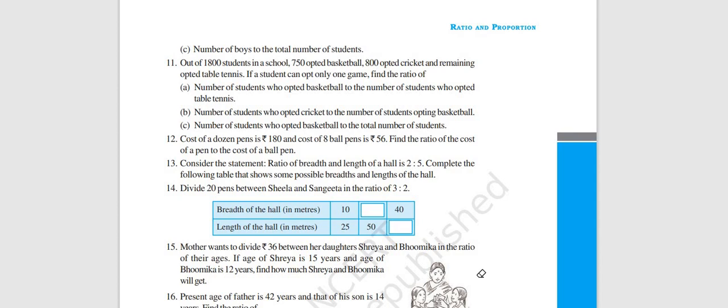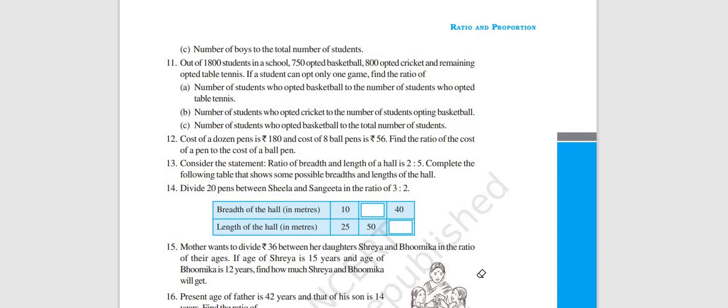Now, question number 11. So, important thing is read the question thoroughly and analyze and interpret them. Then it will become very easy. Out of 1800 students in a school, total number of students are 1800. 750 students opted basketball, 800 students opted cricket, and remaining opted table tennis.